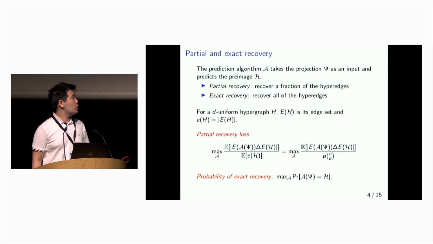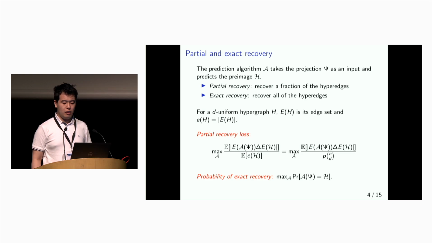So for notation purposes, for a D-uniform hypergraph H, big E of H denotes its edge set, whereas little e of H denotes the number of hyperedges. We consider two main quantifiers. The first is the partial recovery loss.